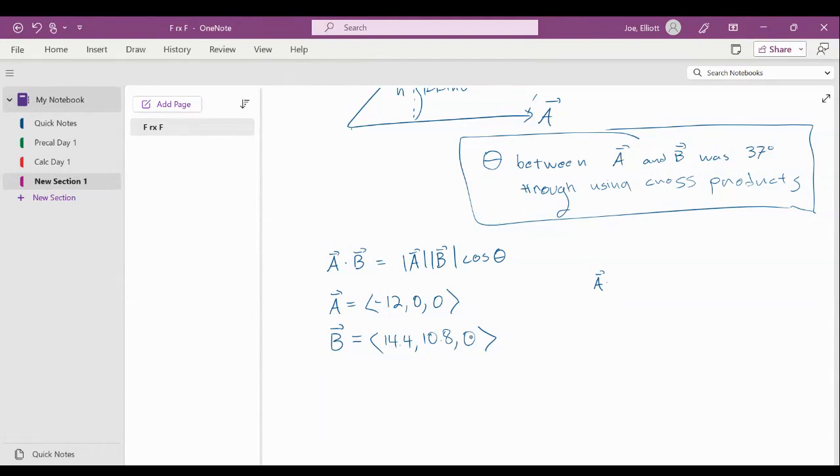A dot B equals minus 12 times 14.4, plus 0 times 10.8, plus 0 times 0. Negative 12 times 14.4 equals negative 172.8.